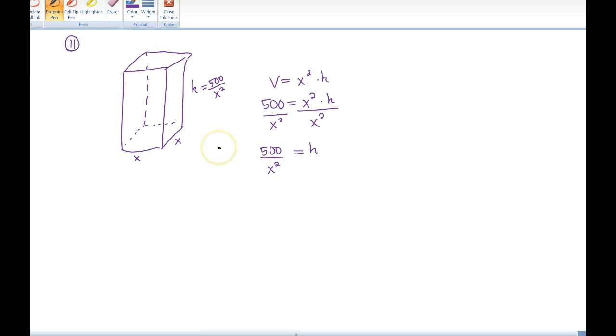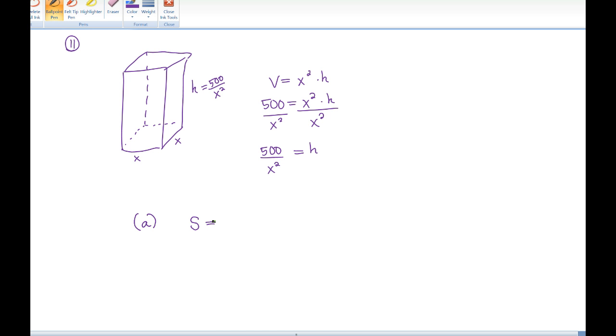So that's part A. Since we want it to weigh as little as possible, that means the surface area. How much material is used is the surface area. Again, this is going to be open top.